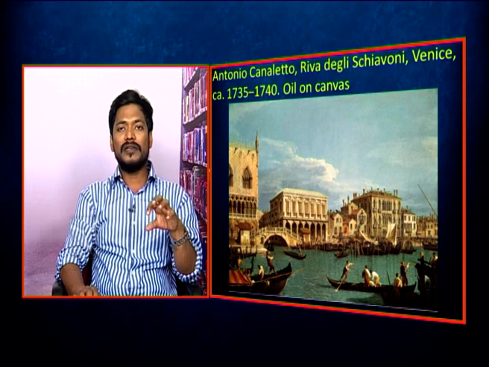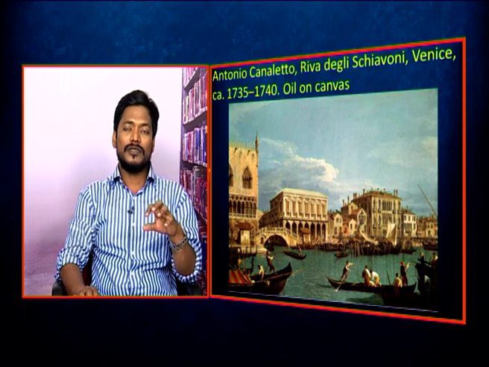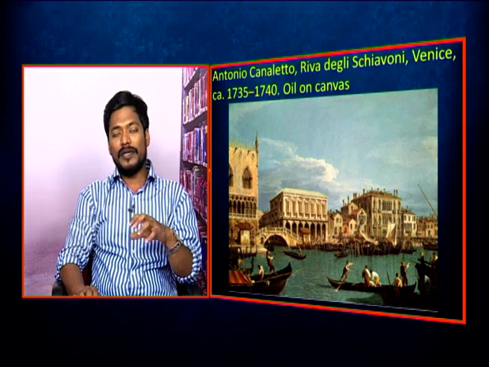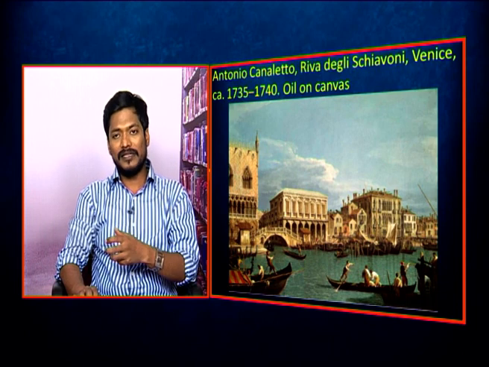This particular image by Antonio Canaletto is an example of such popular images. Like you go somewhere and collect popular images, a practice that is still there. At that point of time, these were very popular with traveling artists and travelers who would collect such images.